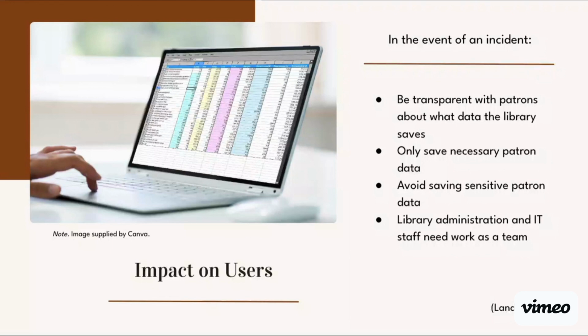Try to only save patron names, phone numbers, and addresses. Never save credit card or social security information. Library administration and IT staff also need to be in regular communication in order to work together to maintain library security.